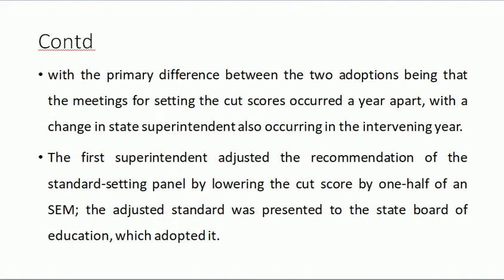The adjusted standard was presented to the State Board of Education, which adopted it. It means the final decision of adoption of the standard is done by the State Board of Education.